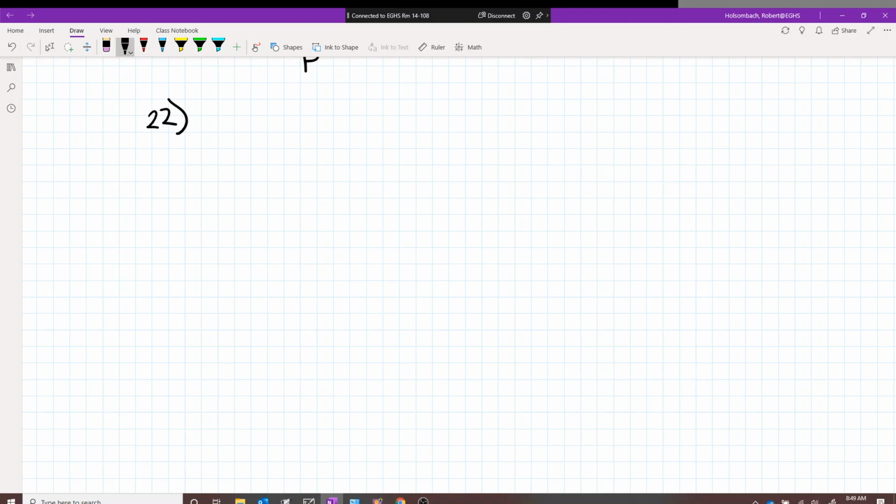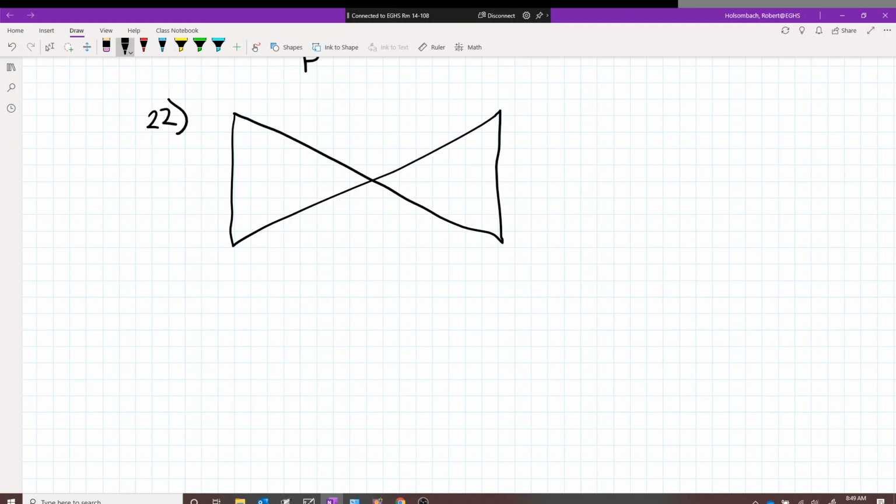Number 22. Can you use side angle side, angle side, or both to prove the triangle is congruent?